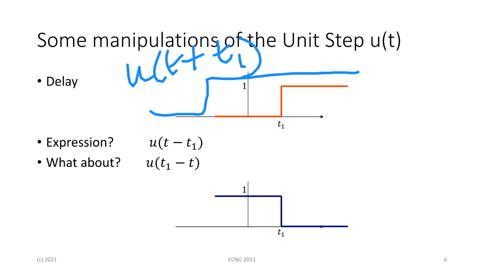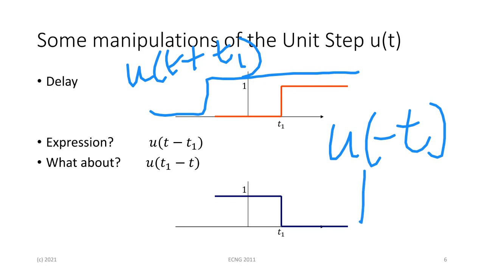Yeah? The expression for that one would have been u(minus t). So u(minus t) is the unit step doing this.